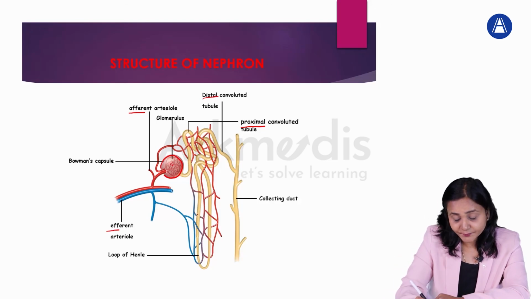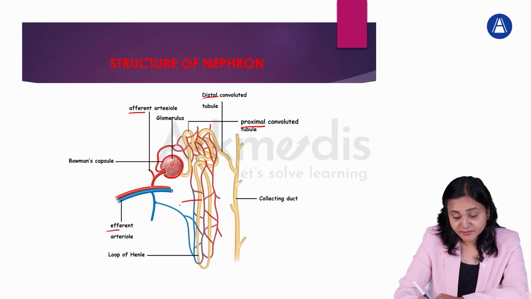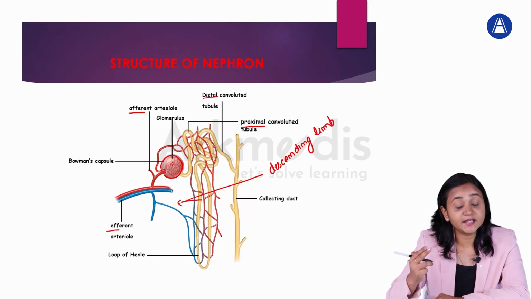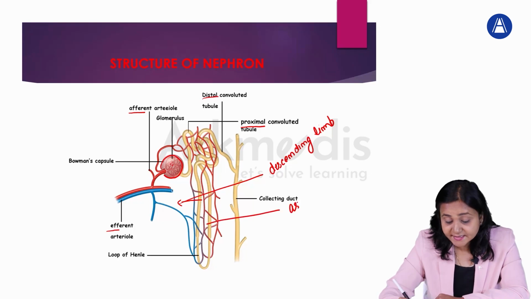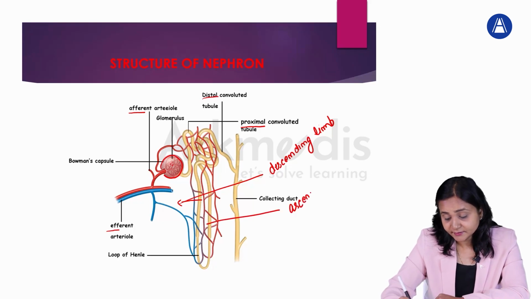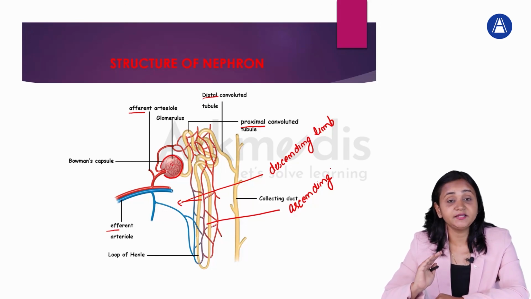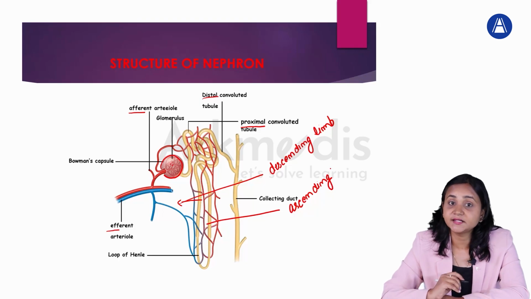You can see this limb is descending, meaning going in the downward direction. This is called the descending loop of Henle, while the second limb that generally moves upward is called the ascending loop of Henle. Now these loops and capillary tufts all have certain important functions. We'll study about them.